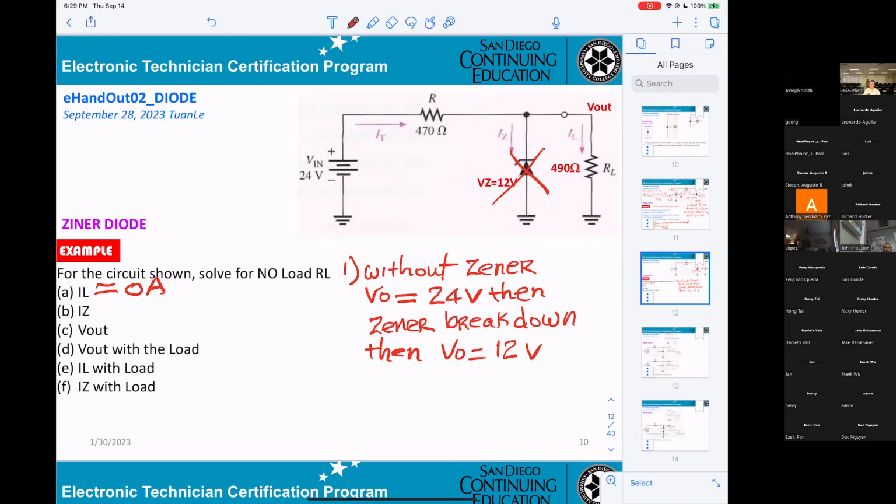Okay? So now you substitute by the battery, right? And the battery will be 12 volts.